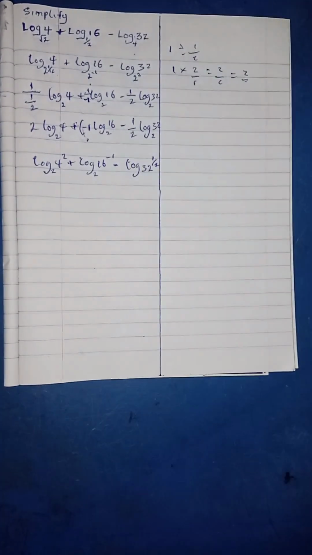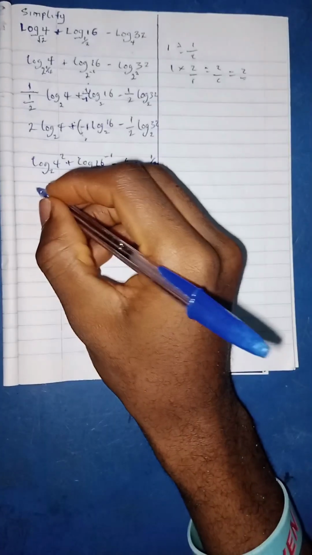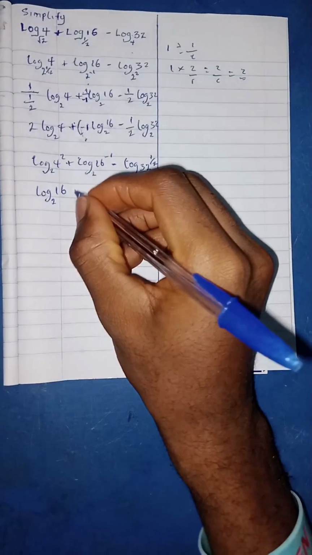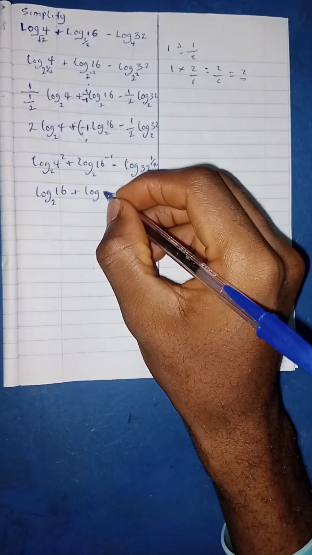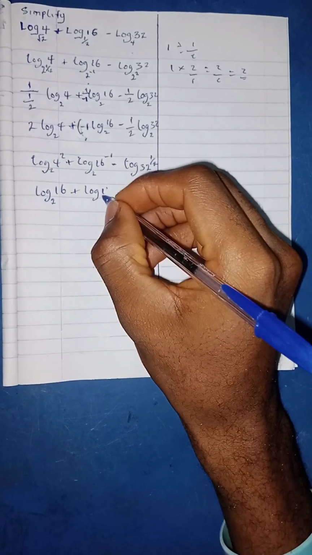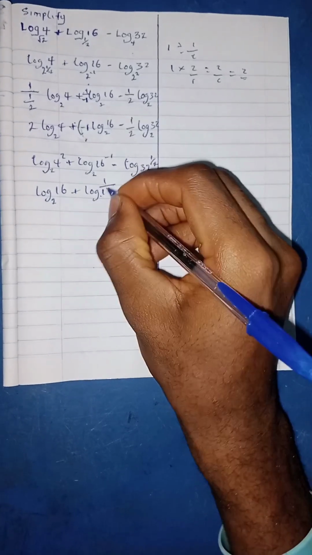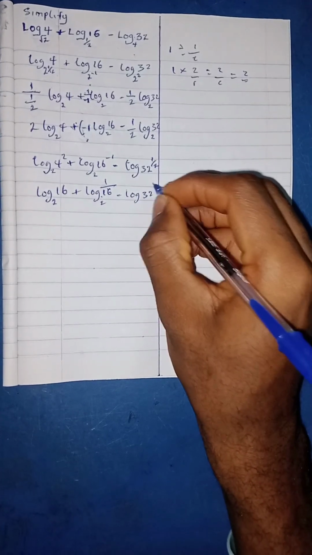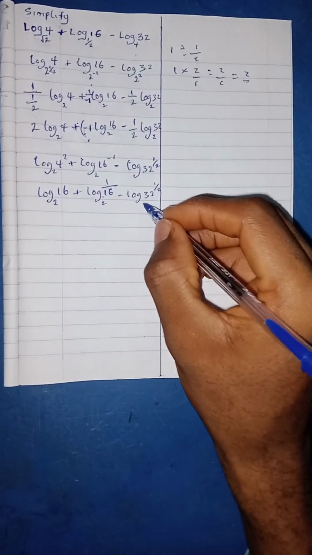Alright, okay, this is same thing as saying log 16 to the base 2 plus log 1 over 16 to the base 2 minus log 32 to the power of 1 over 2 to the base 2.